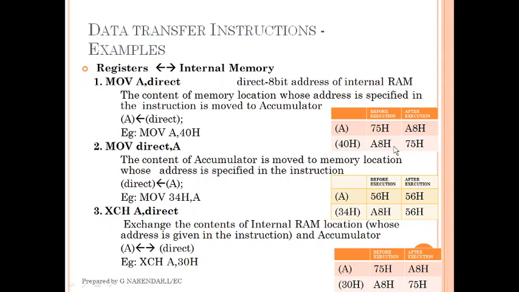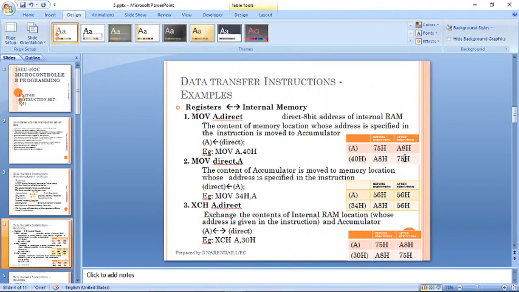And what will be the content of the 40h memory location? It remains the same actually. There is a typing mistake here. The content of the 40h memory location remains as it is, as it is the source location.